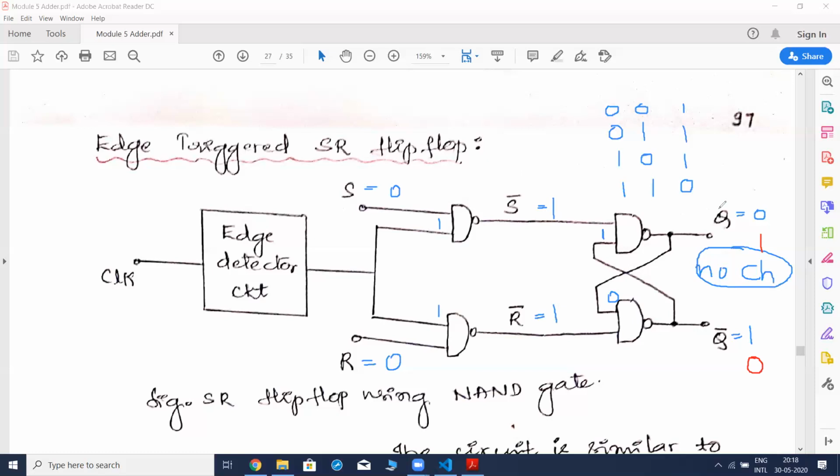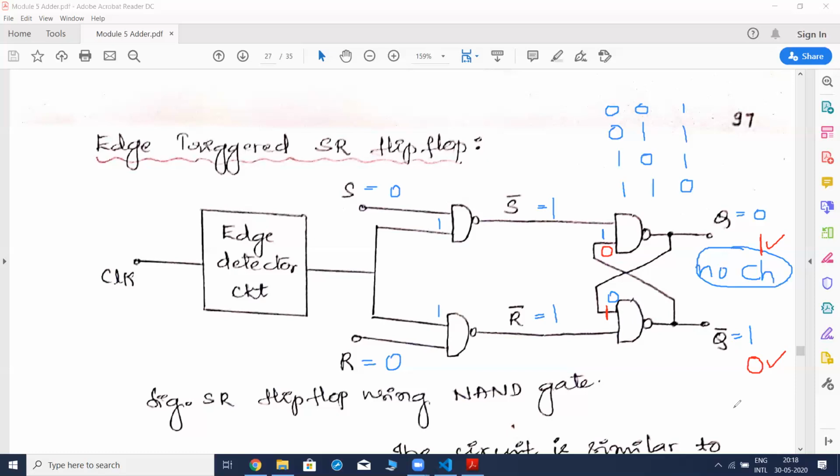Initially we assumed Q as 0 and started the analysis, and we got no change. Now we'll take Q as 1 and Q bar as 0. From where do we start the analysis? We have to start the analysis from 0 over here. When any one of the inputs is 0, the output is 1, so that 1 appears over here. When both the inputs are 1 1, we are going to get the output as 0.